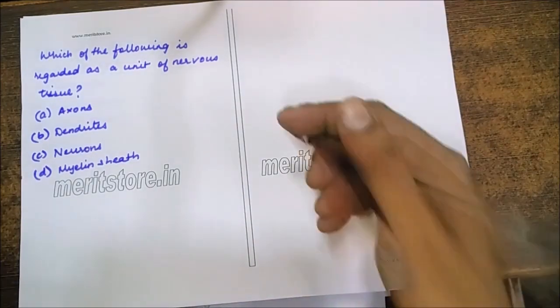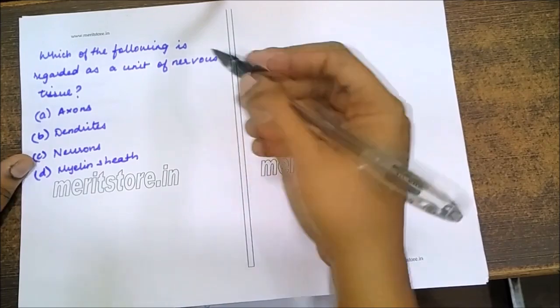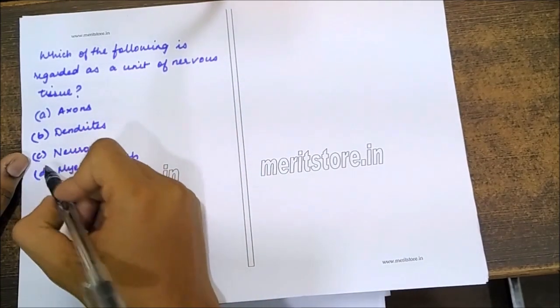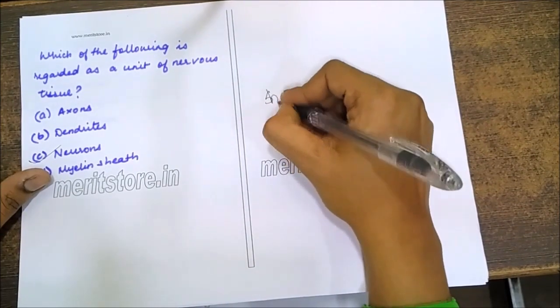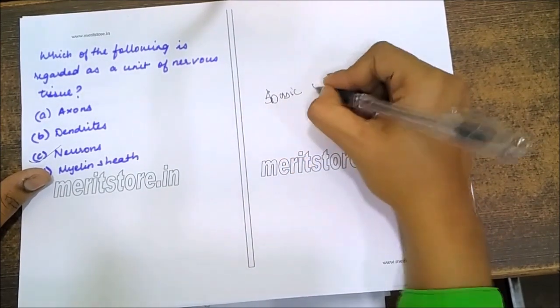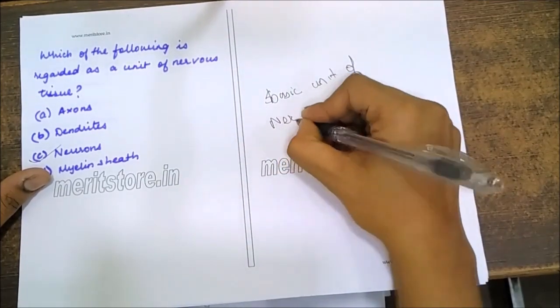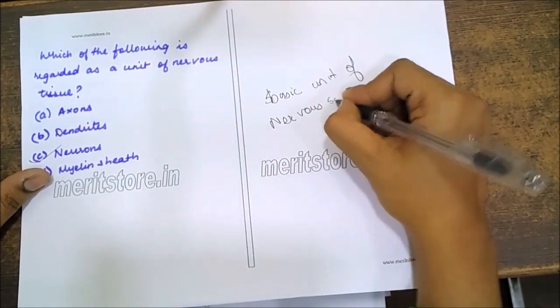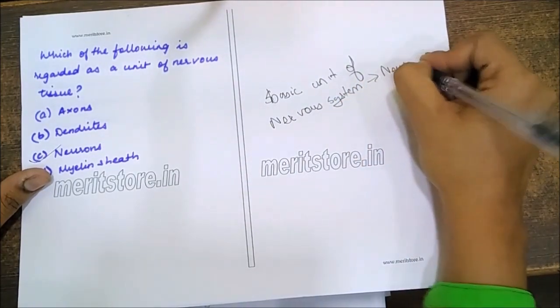which of the following is regarded as a unit of nervous tissue? Now this we are studying since primary. Neurons are the structural unit, basic unit of nervous system. So the basic unit of nervous system is neurons.